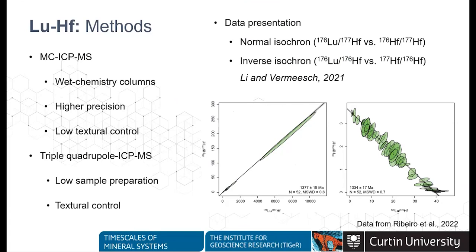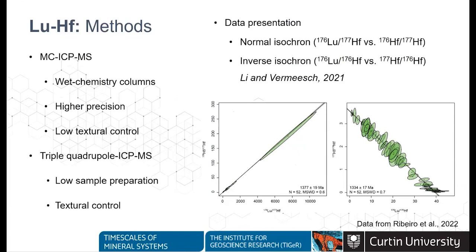In this case, we can present the data as normal isochrons, like this diagram here, or as inverse isochrons, like this diagram. The benefit of using an inverse diagram, and the authors Lee and Vermeesch 2021 actually recommend using inverse isochrons for isotopes, is that where the 177 is happening, here and here, they are less abundant, so you get extreme error correlations.